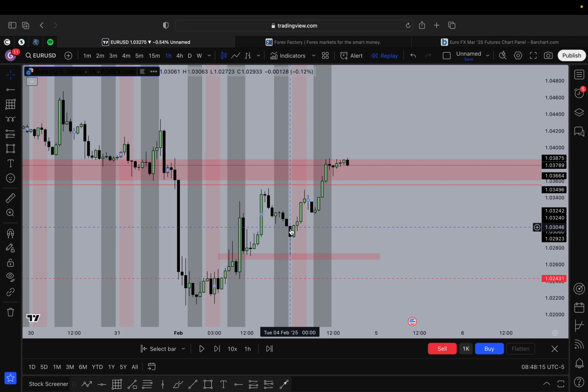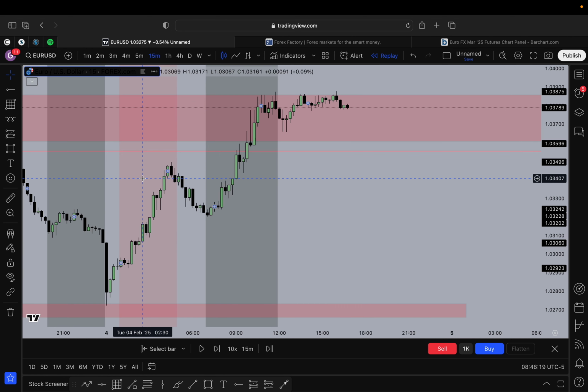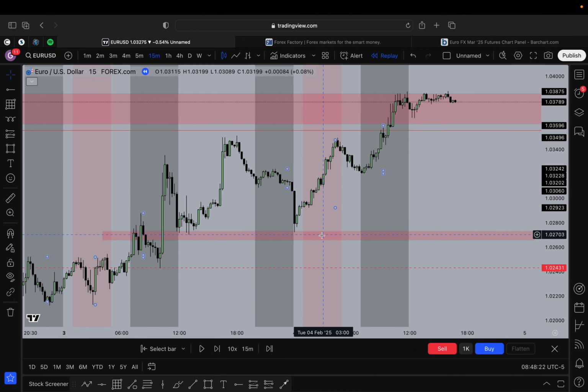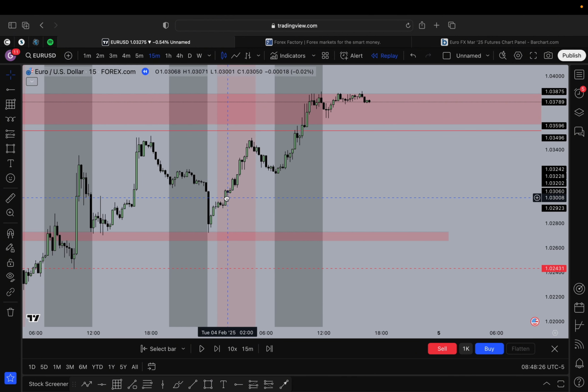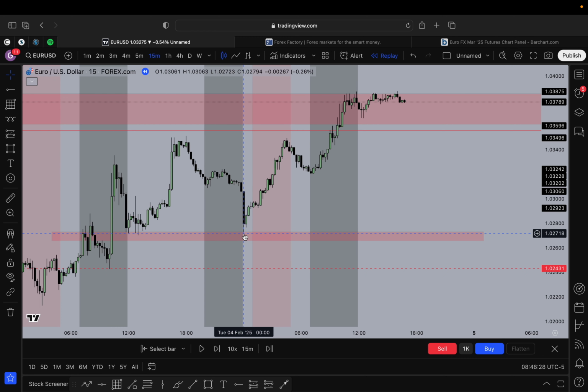But basically, this Judas right here, if you go on the 15-minute, my execution came in on the Euro. So on Monday, that was this trade right here. As you can see, price from the midnight open dropped down to the inefficiency.